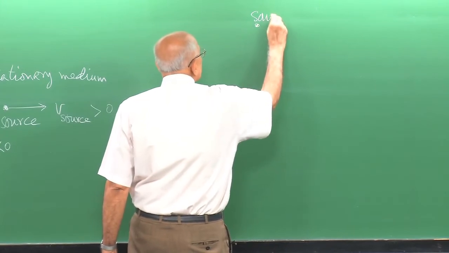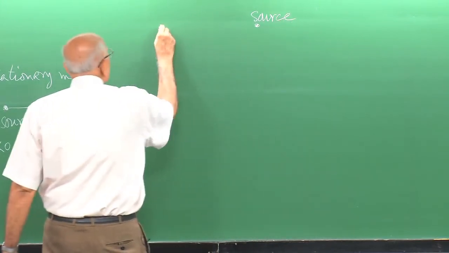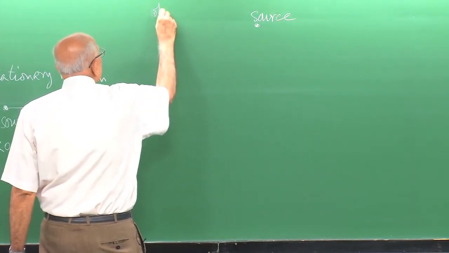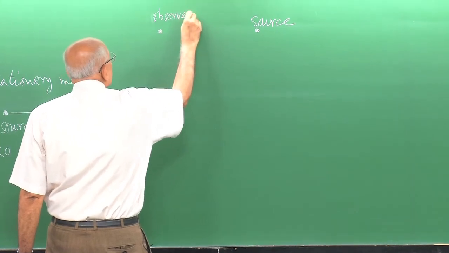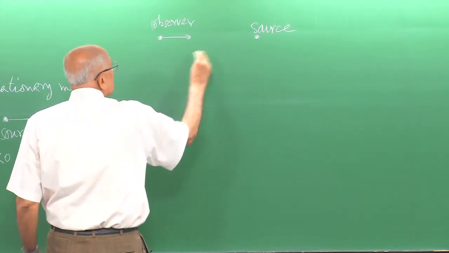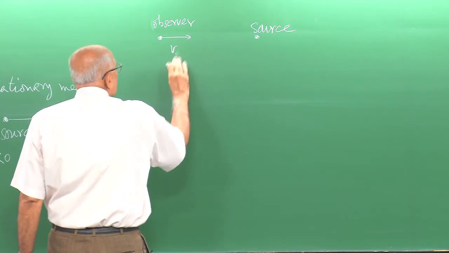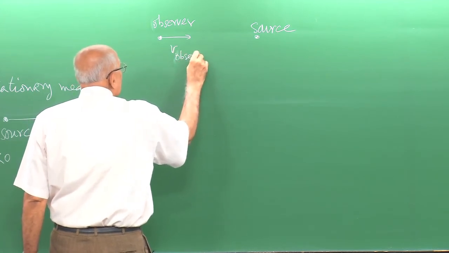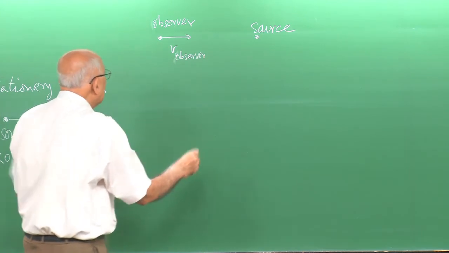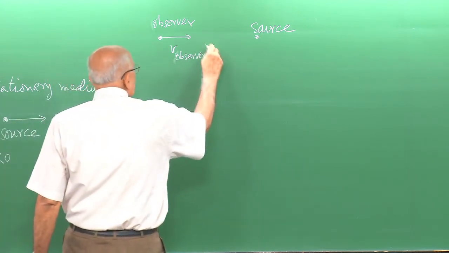Here is the source, and the observer either moves towards the source with a speed V observer with respect to the medium, and this would be a positive speed.